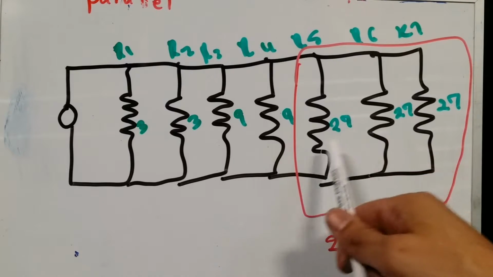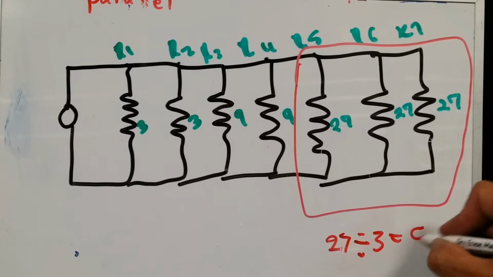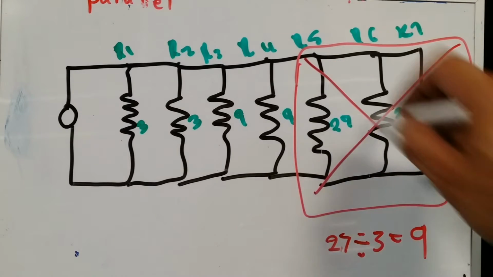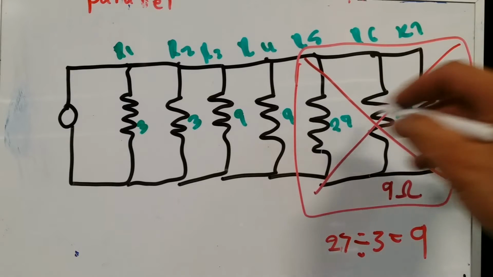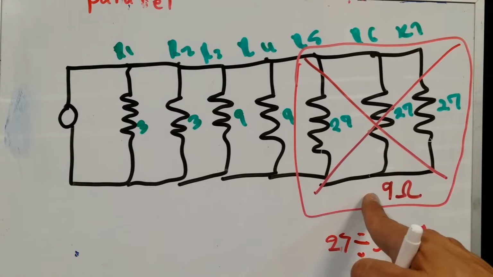Divided by 1, 2, 3. That's what they are. 27 divided by 3 gives me 9. So the total resistance of this is replaced by 9 ohms. So I could say that those three resistors in parallel are the same thing as a resistor of 9 ohms.